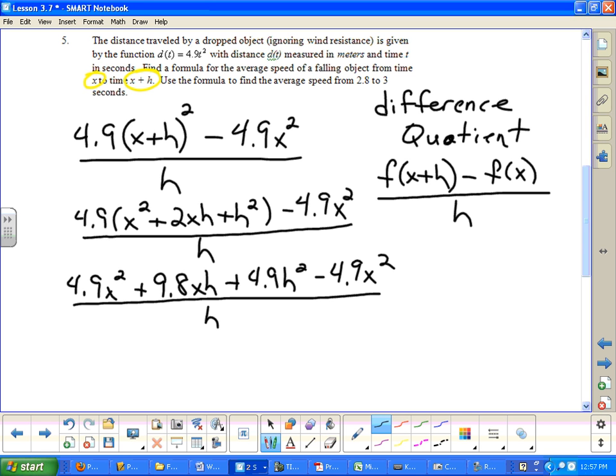Yeah, that is exactly right. So these cancel. The original function always cancels, right?